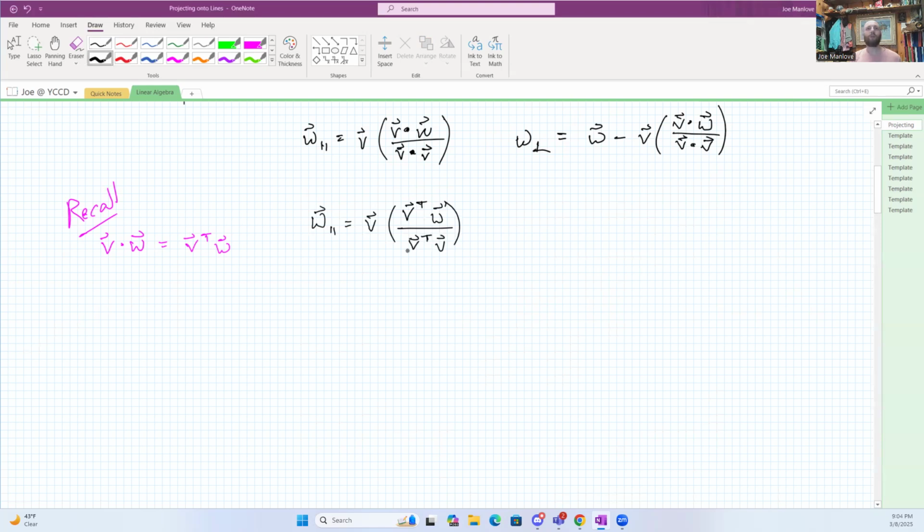So if I rewrite this a little bit, I'm going to take V and V transpose and put them over V transpose V and put a W out here.